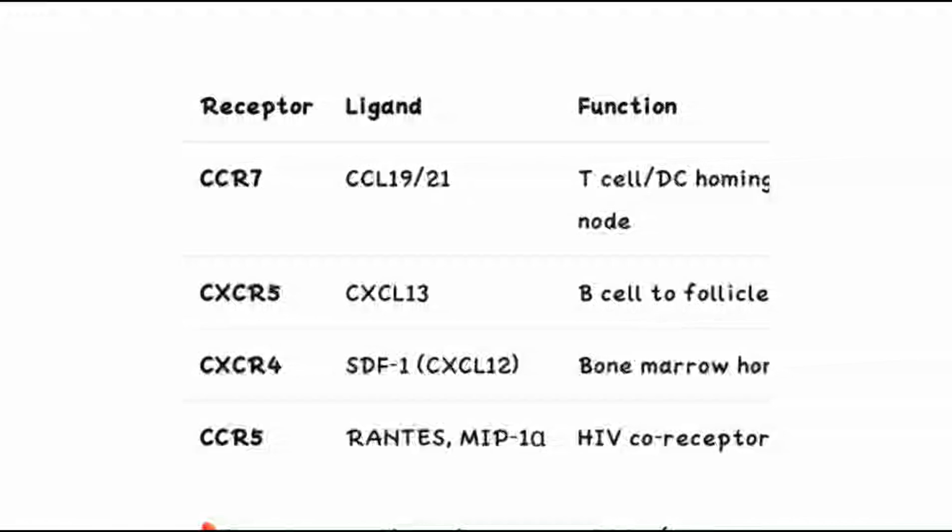Their roles are in various cells like T cells, B cells, bone marrow and inflammation. And HIV uses CCR5 and CXCR4 as co-receptors.